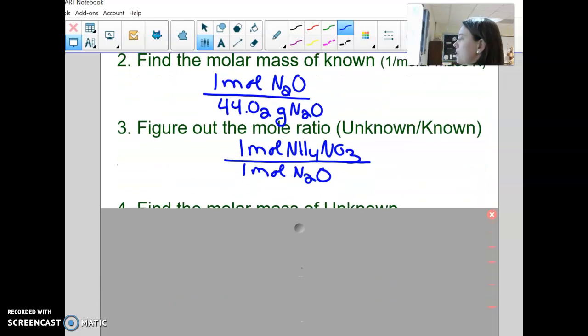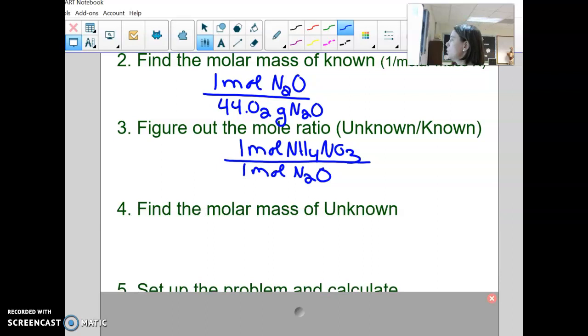Okay, so then our molar mass of our unknown, which is our ammonium nitrate. This one's a little bit trickier.